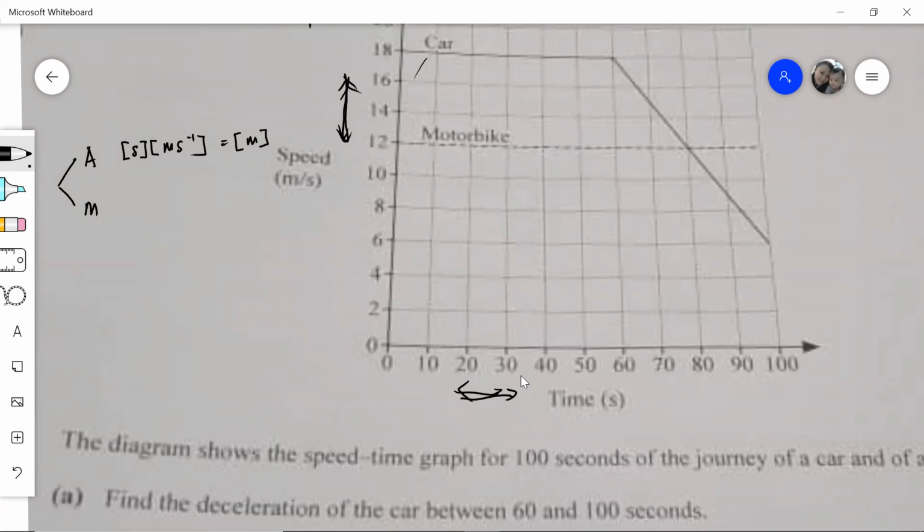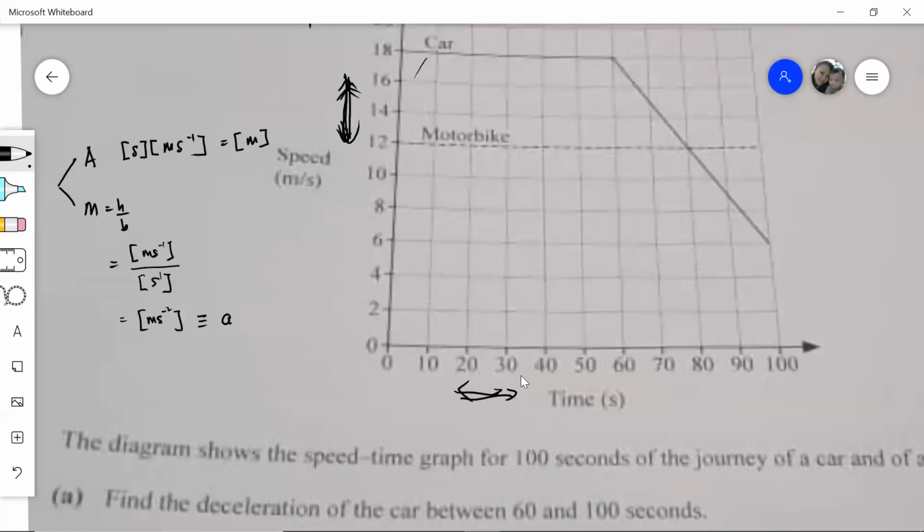Whereas the gradient will be the height over the base, isn't it? The unit for the height is meters per second, and the unit involved in our time is in seconds. So let's derive the final unit for our answer. That will be meters per second squared, because -1 minus 1 here, using the concept of index. Therefore, from here, we know that this is actually the unit for acceleration.